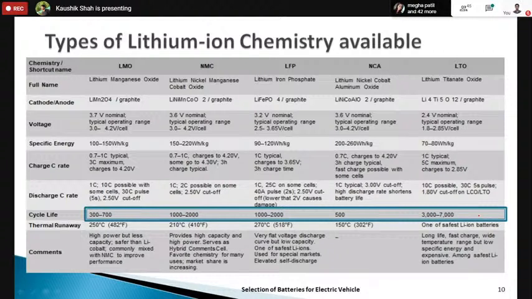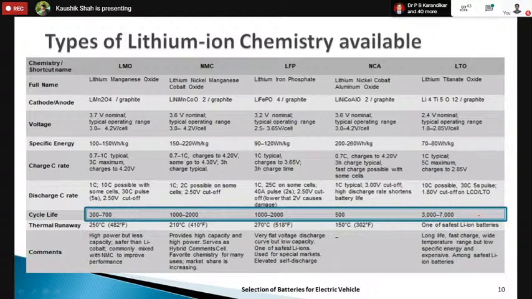The highest is the LTO which provides it, but there are some disadvantages in the LTO cell also. If you look at the specific energy, it is just 70-80. Cycle life is good, but at 80 watt hour per kg, it's pretty bulky. It gives you the advantage of fast charging, discharging, good cycle life, but then your specific energy is pretty low.